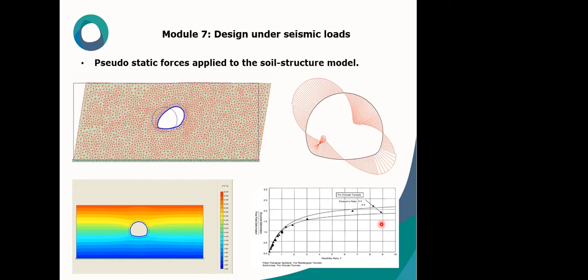However, as you may know, these methods are very complex, time-consuming, and costly. For this reason, in the design process, we use simple methods such as pseudostatic ones. But the point is that pseudostatic analysis methods for above ground structures are completely different from those used for underground ones.